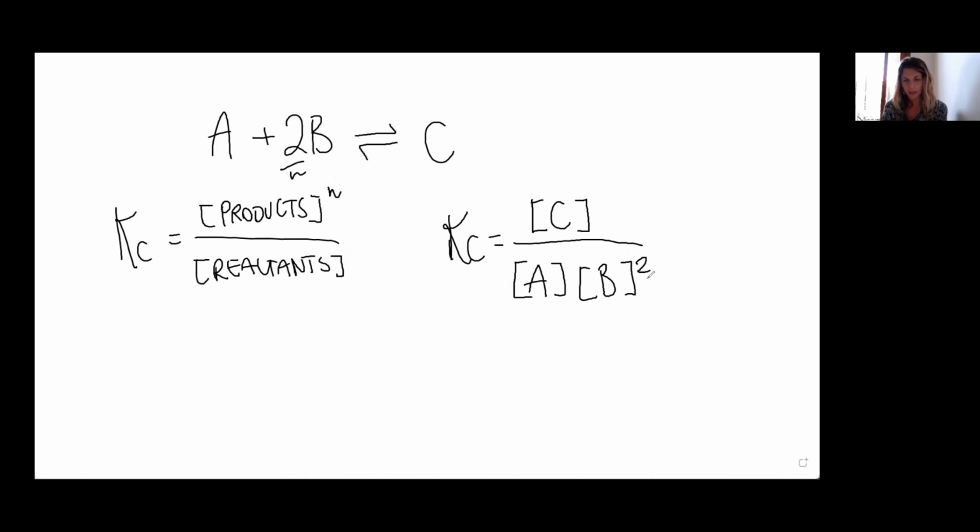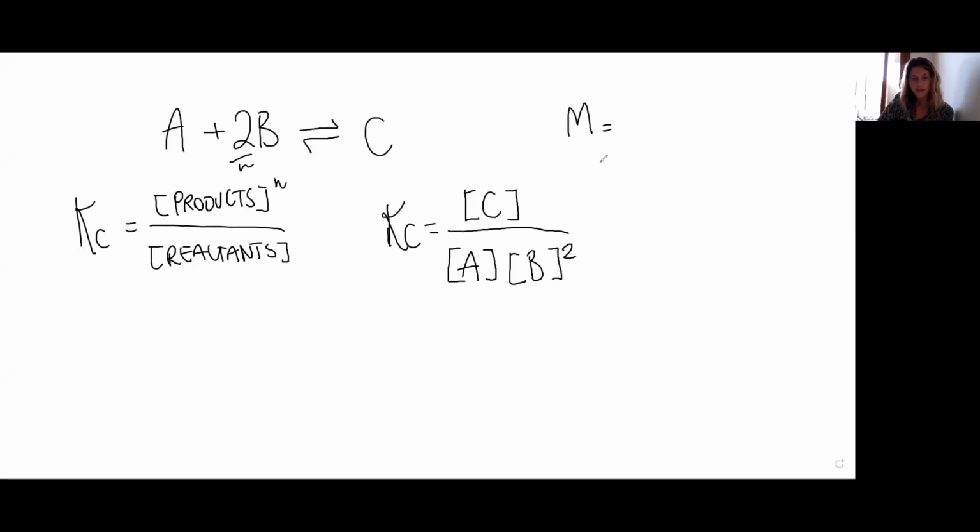Now let's think about the units. Considering that it's all concentration, remember that the square bracket is the mathematical symbol for concentration. The unit of concentration, I'm going to write as a big M, because giving it a letter makes it easier for us to work it out.